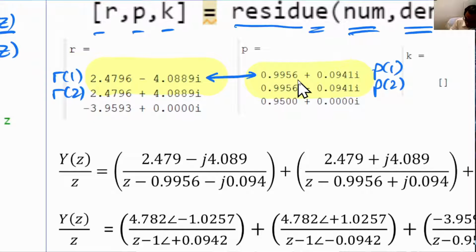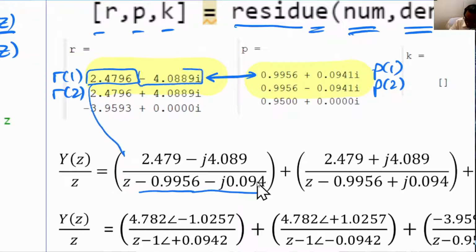So we put the pole here. The pole is 0.9956, so of course it's z minus 0.9956. This is positive, it got minus. Don't get yourself confused, because this is z equal to the negative of this, so it's 0.9956 plus 0.094. Correspondingly, we'll put this value here as well as this value here.